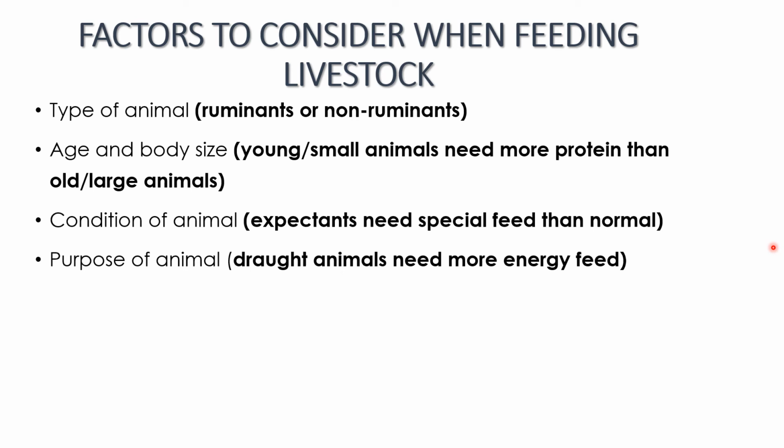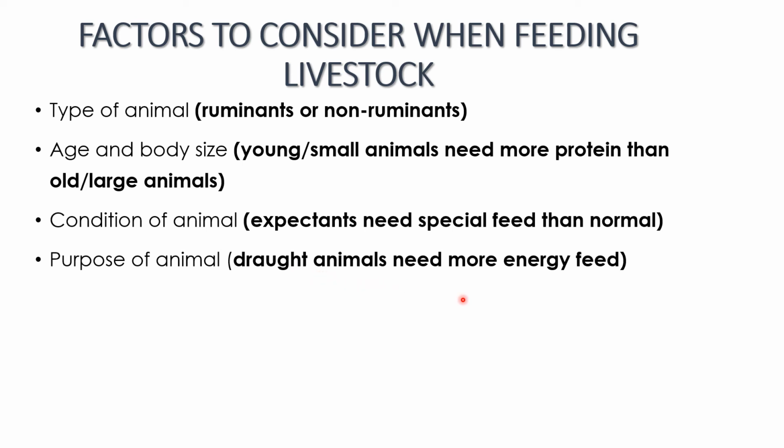Purpose of animal is also one of the factors to consider when feeding livestock. For example, if the animal is there for draught, therefore, they will need more energy in order for them to do the activity. Pulling, walking, they will lose a lot of energy.